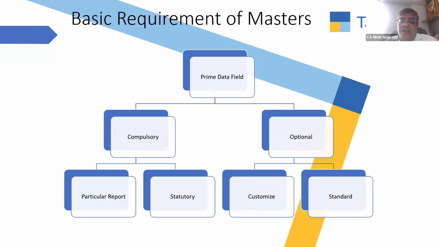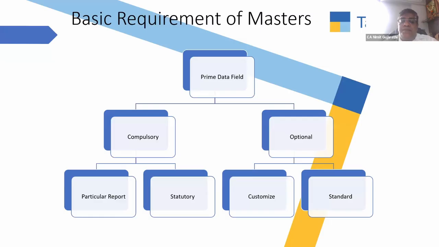Same thing with statutory reports like GST, TDS, or any statutory requirement, it will become an essential field. And optional again comes as customized or standard. So sometimes when you do a customization, in that also there can be an optional field.